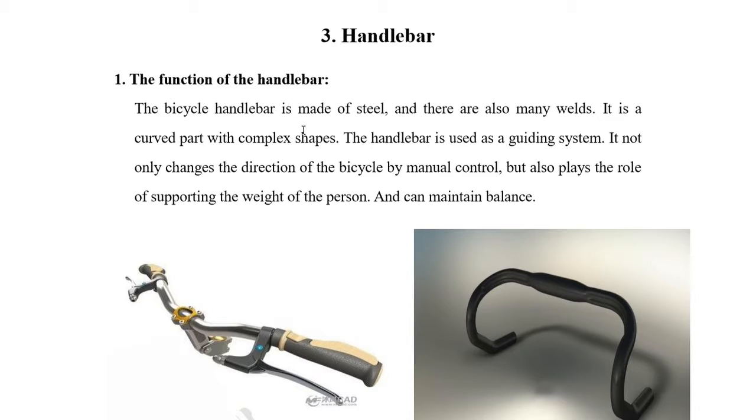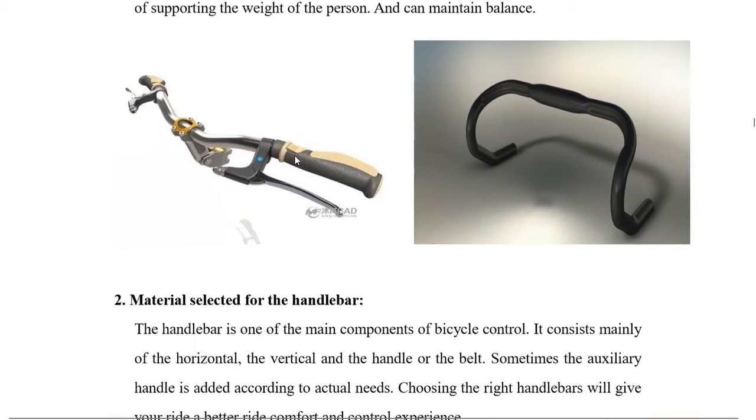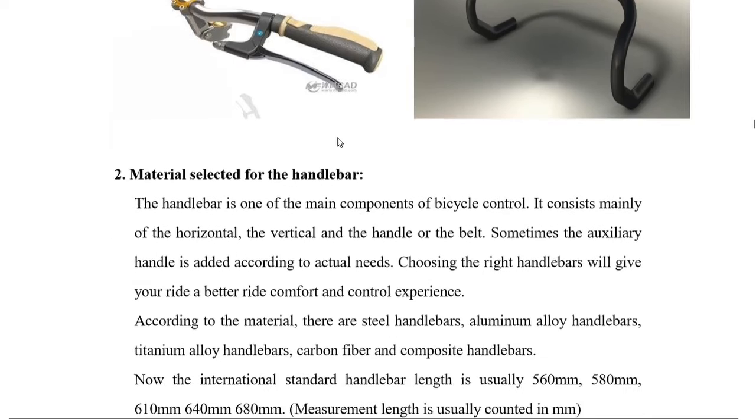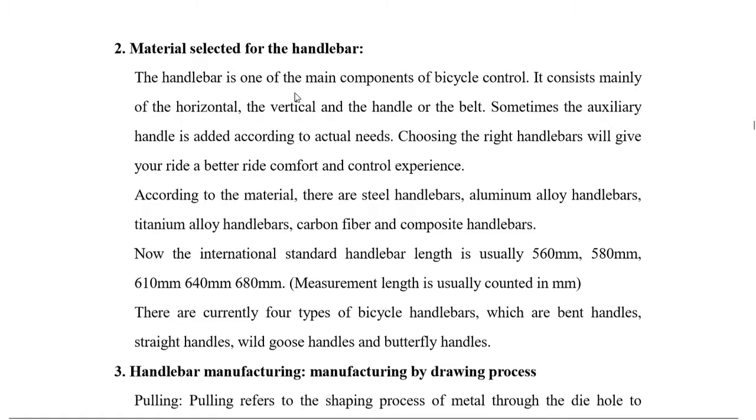It not only changes the direction of the bicycle by steering control, but also plays the role of supporting the weight of the person and helps maintain balance. We can see two pictures of the handlebar.